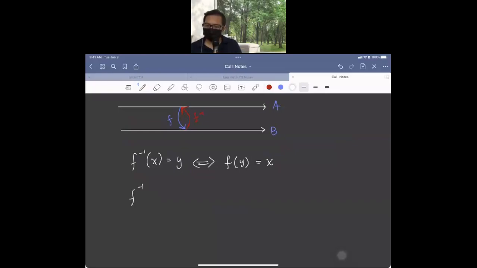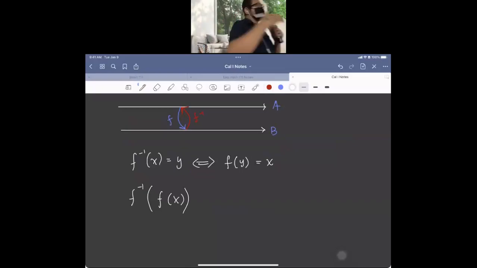And if we have f inverse, and then we have f of x inside, how do we describe the process? It's going forward but then backwards, back again, so it's back to x.